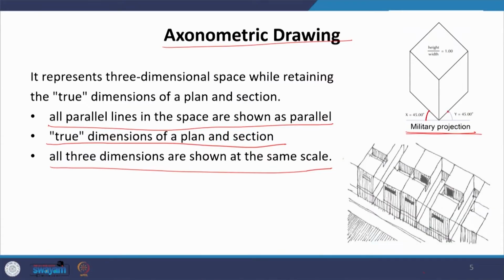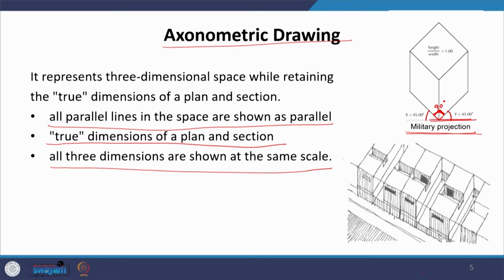So, what are we doing in this military projection, which I am going to refer to as axonometric projection henceforth? These angles are 45. The moment we make these axes at 45 degrees from the reference plane of viewing, we get this angle as 90, or rather I should have drawn it as this.